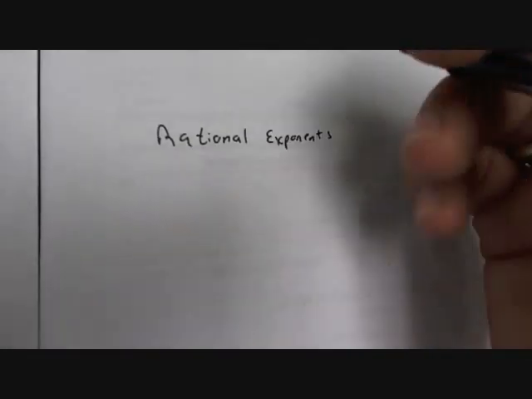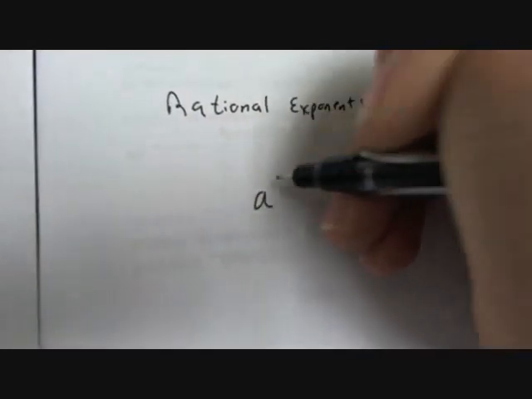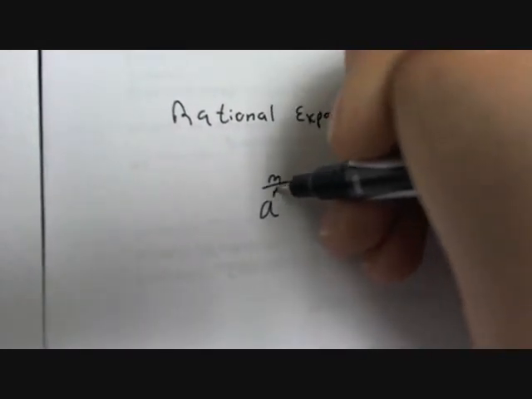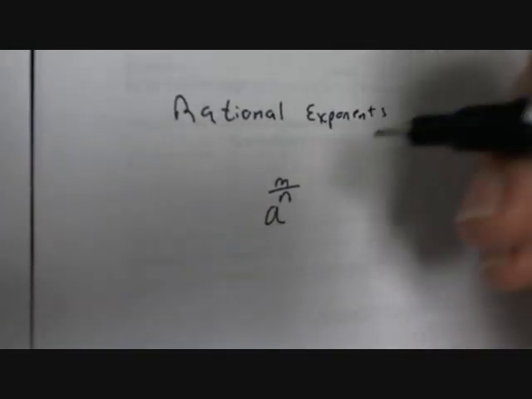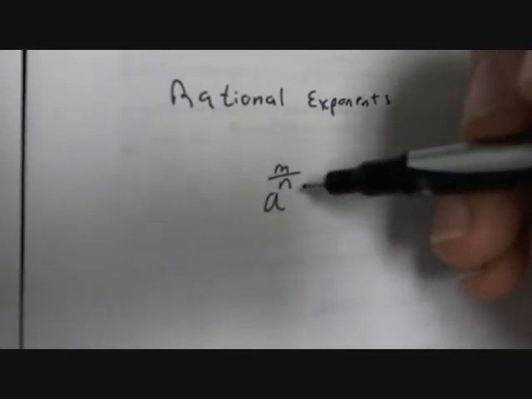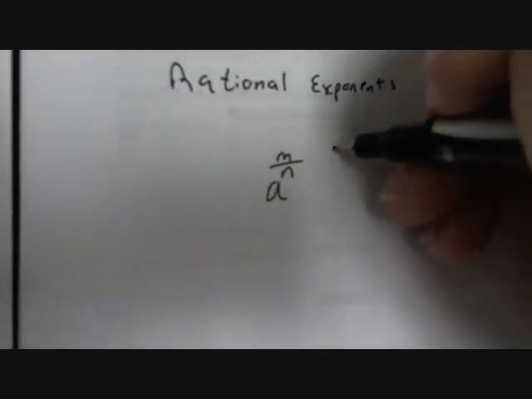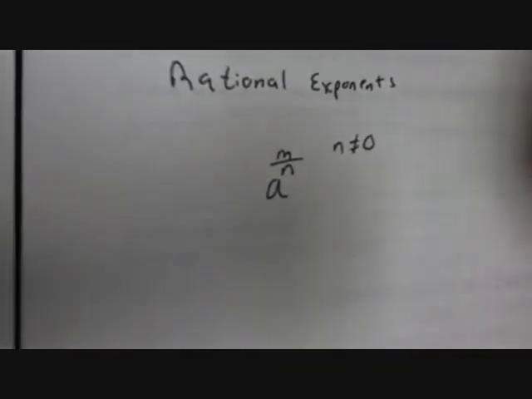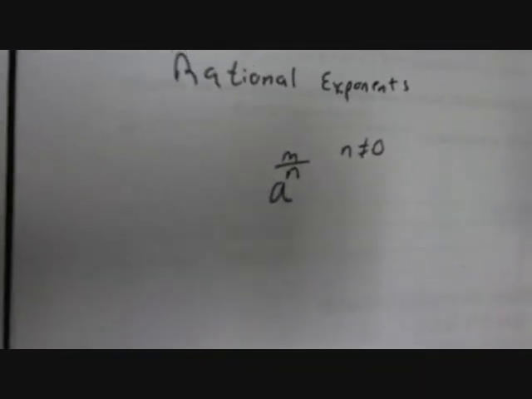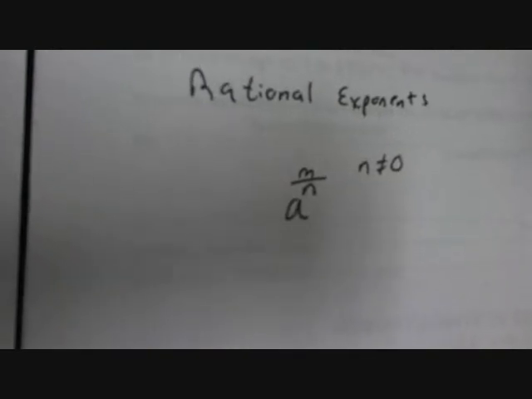Alright, rational exponents. Just saying a number raised to a fraction. Doesn't matter what m or n is, as long as n is not 0. So n cannot be 0, because there can never be a 0 in the bottom of a fraction, the denominator.